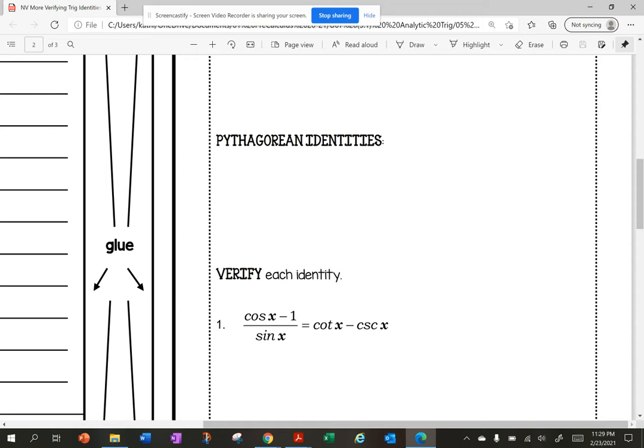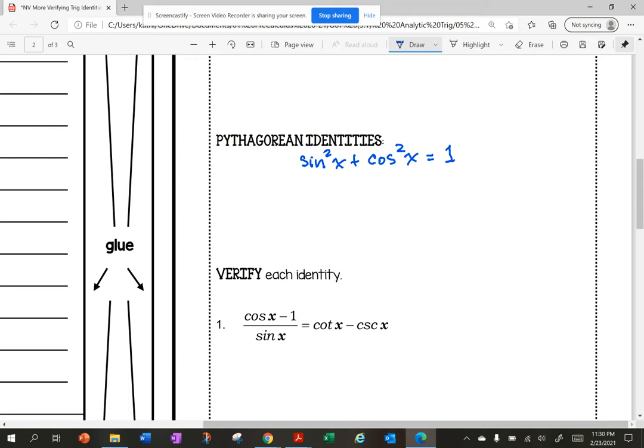From memory, we should have some of these, or at least the first one, and then know how to derive the other two. So I know I have sine squared of x plus cosine squared of x equals 1. This is the primary one, so that's the equation of the circle, or I could think about it as the Pythagorean theorem.